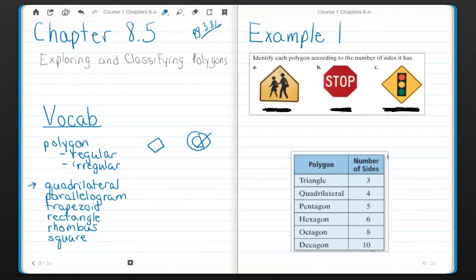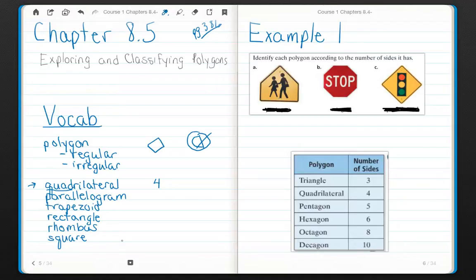Quadrilaterals, quad meaning 4, quadrilateral, 4-sided shape. There are some special quadrilaterals: parallelograms, trapezoids, rectangles, rhombuses, and squares. So please make sure you read those definitions and look at the examples on page 387 in your book.